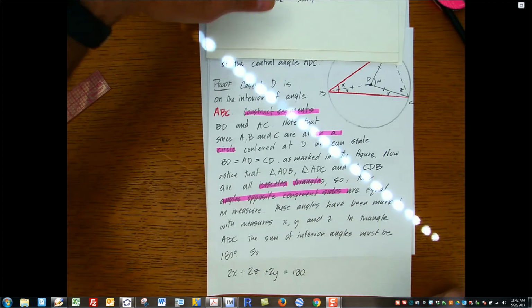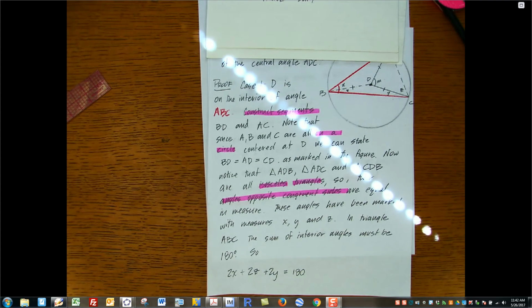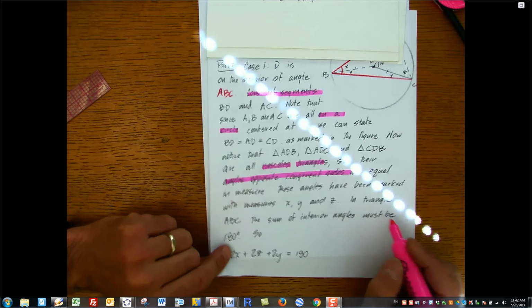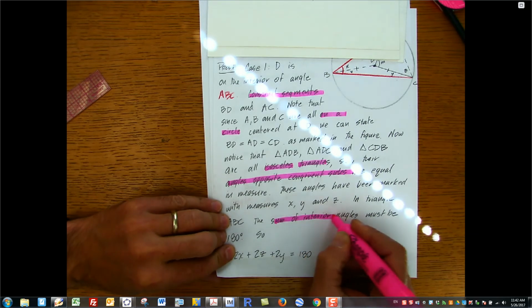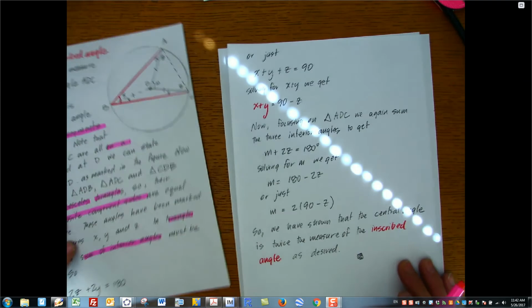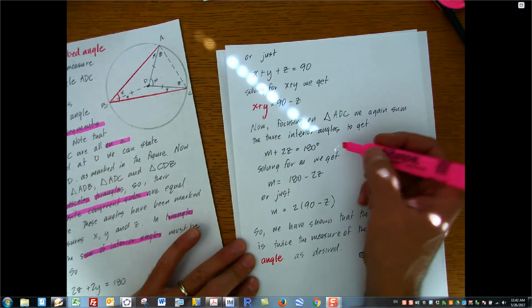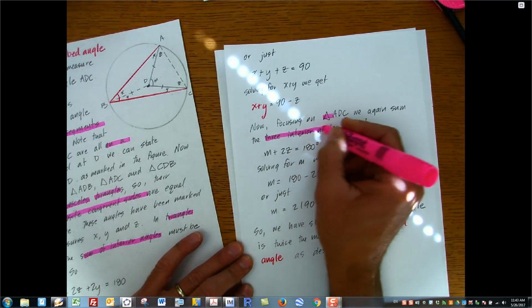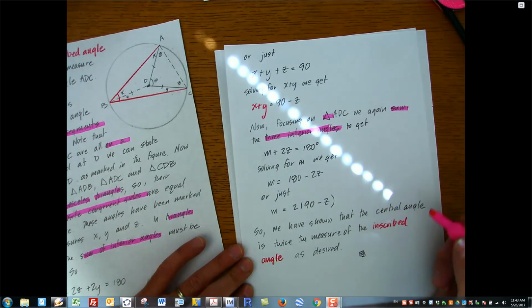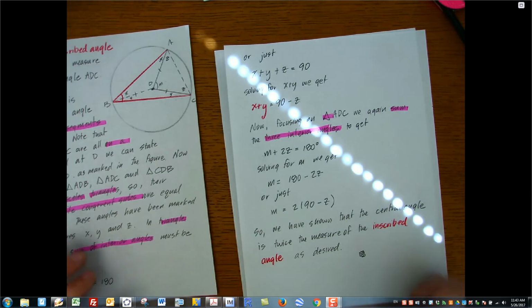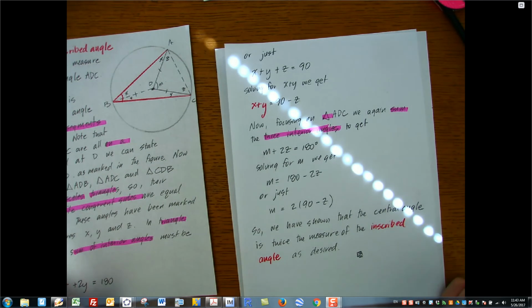Sorry about that. Am I still live? And then the sum of interior angles of a triangle. We used that twice, right? The sum of the three interior angles. And then there was a little bit of algebra going on here too.